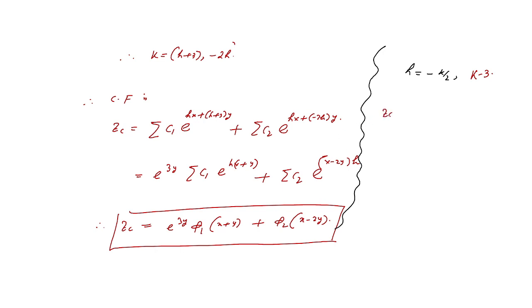So in that case, the complementary function zc will be c1 e to the power minus k by 2 x plus ky plus c2 e to the power (k minus 3) x plus ky.